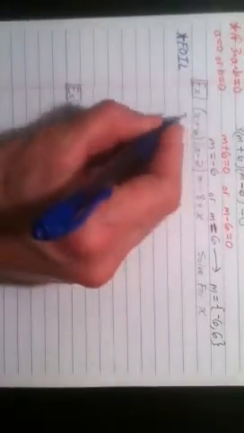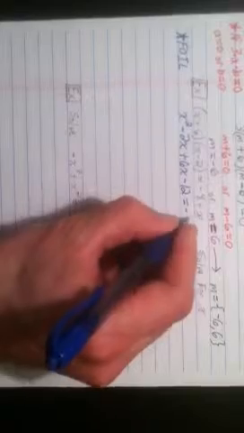Okay. So x times x is going to give us x squared. X times negative 2 will give us negative 2x. 6 times x gives us a positive 6x. 6 times negative 2 gives us a minus 12. Okay. That equals negative 8 plus x. We could go ahead and simplify the left-hand side of this equation.